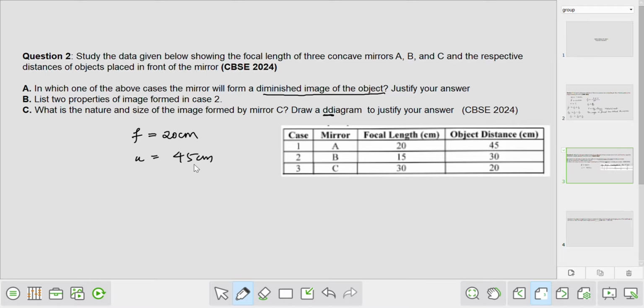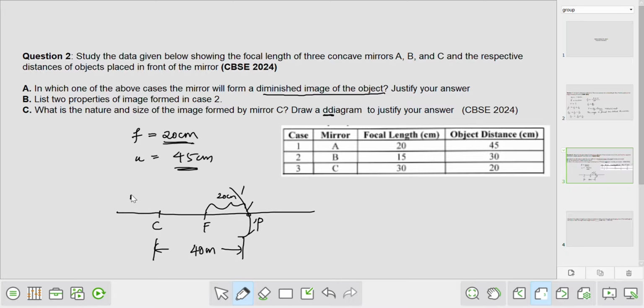Okay, so if the focal length is 20, then if you consider the mirror, this is your pole, this is your focal length, this is your C. So if this is 20 centimeter and this from here to here will be 40 centimeter because it is double of focal length. But your object is placed 45, which means beyond C. Your object is beyond C.